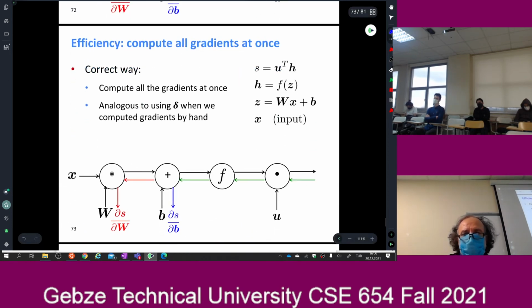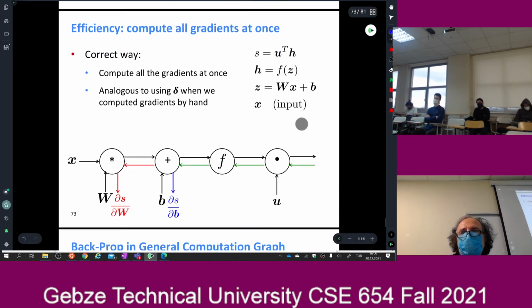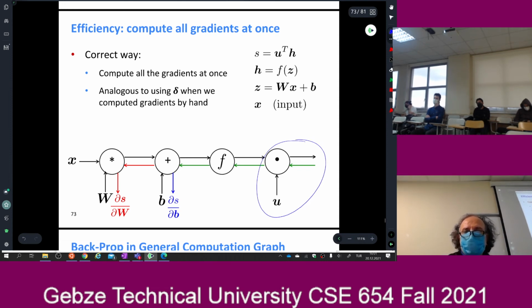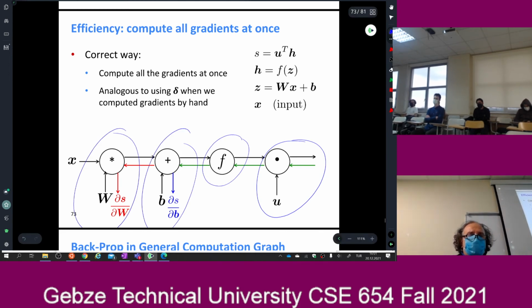The correct way is to compute all the gradients once. You start from here, calculate this part first, whatever you calculated in a common way, and come back all the way down to the last unknown place.